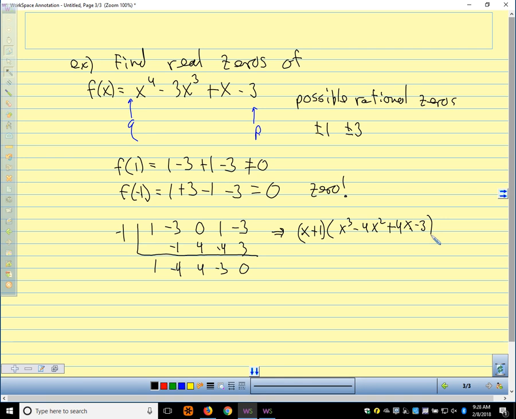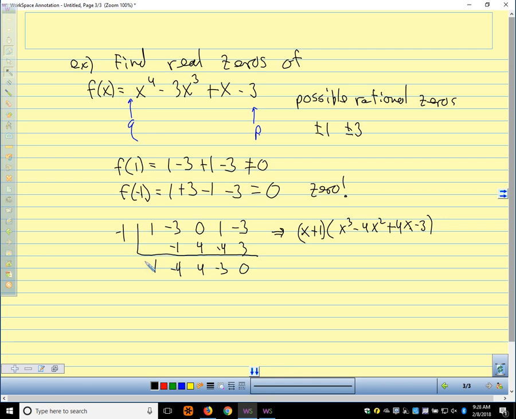But if we have possible factors of this thing, isn't that also still the possible factors of this whole thing? Yeah. So I already have the ones I can test. So I'm just going to do synthetic division again with one of these other possible ones. Because if it's a factor of this whole thing, it's got to be a factor of these multiplied together. So we can try it and see if it works.